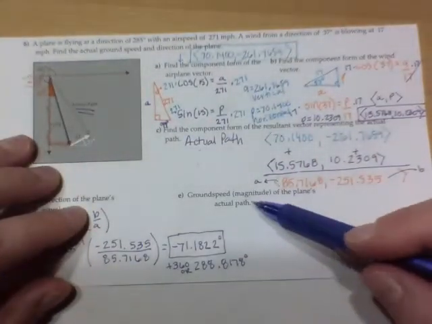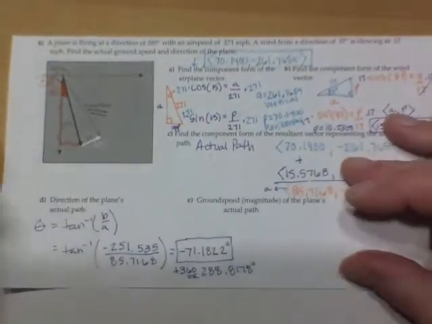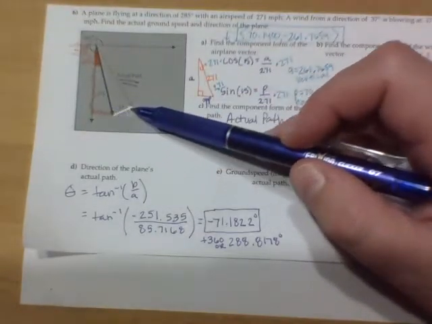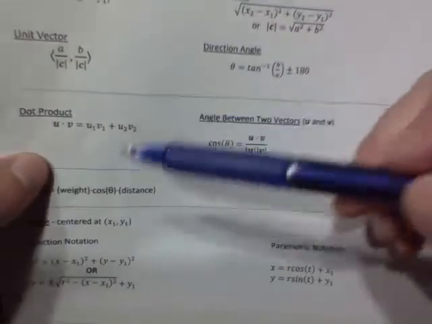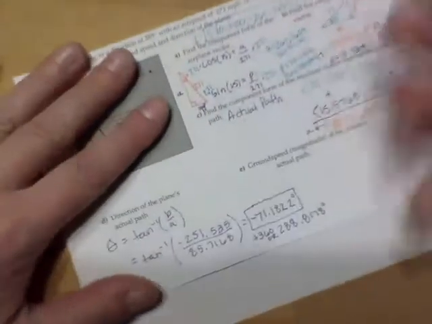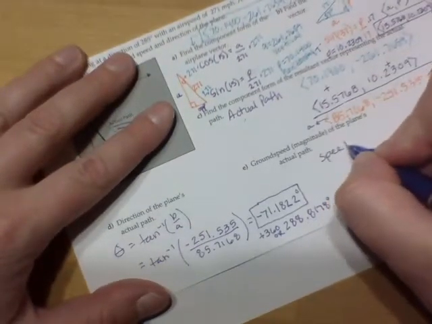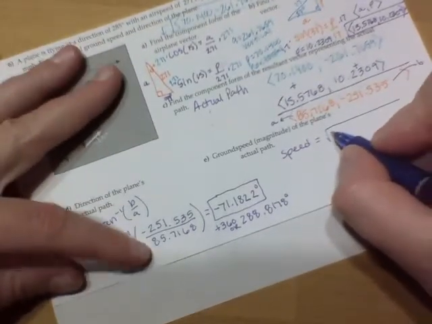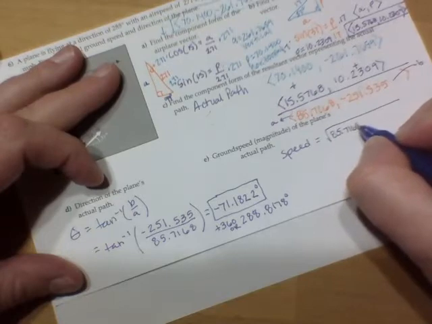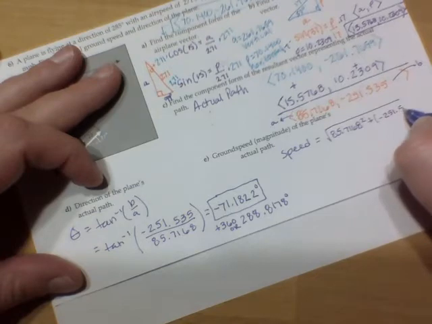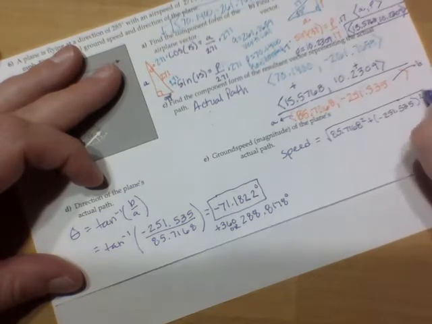And then the ground speed, or the magnitude of the plane's actual path. And so in order to get the magnitude of this plane, now that it used to go 271 miles an hour, but then was hit by that 17-mile-an-hour wind, we just need to get the magnitude. So since we already have an A and a B, we're just going to find the magnitude. And so the speed is going to equal the square root of our A value, which is 85.7168 squared, plus our B value, which is negative 251.535 squared.